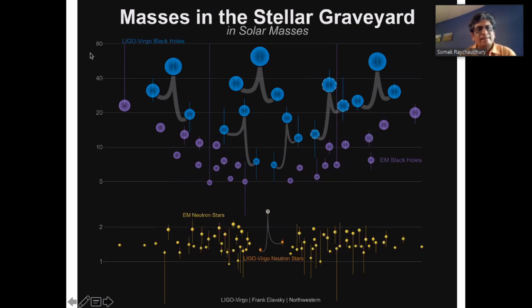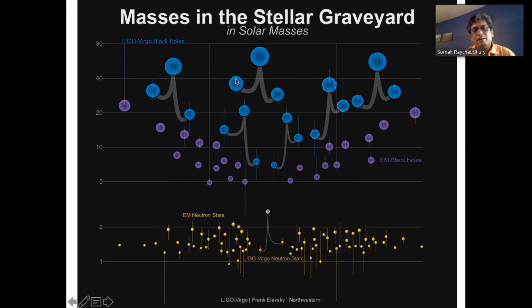And on the y-axis here is a number that gives you the mass of these black holes in terms of the mass of the sun. So for example, this black hole is say 35 or 36 times the mass of the sun. And you can see the most massive black hole that we found so far.